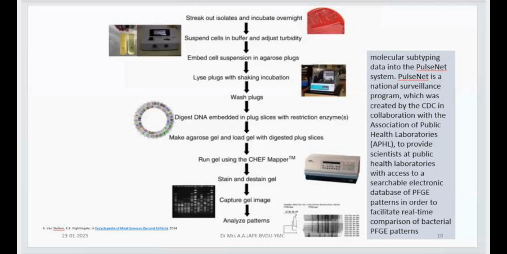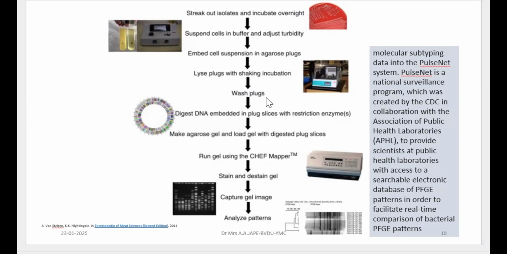Then you take that cell colony and put it into plugs, right? Then you are going to digest it, wash it. Now what you have is DNA in the plug and it is restriction digested. Then you put these agarose plugs onto the agarose gel, and the gel is run, right? And then you are going to go for CHEF mapping and then analyze the patterns. That is how PFGE works, right?